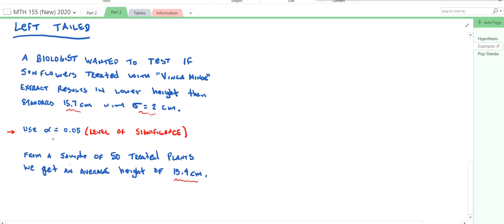And so we're trying to do this analysis at a level of significance of 0.05. So is this an indication that the treatment reduces the height of the plants?